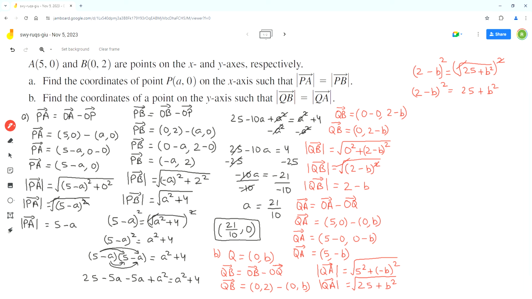Now on the left side, we can expand the square by multiplying 2 minus b by itself.